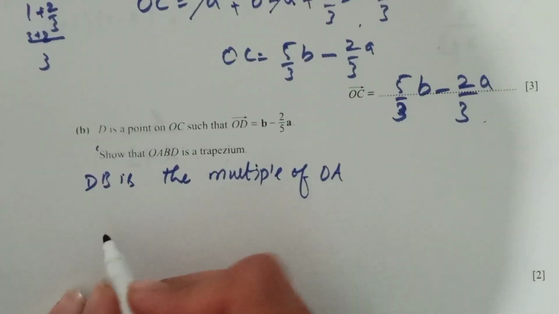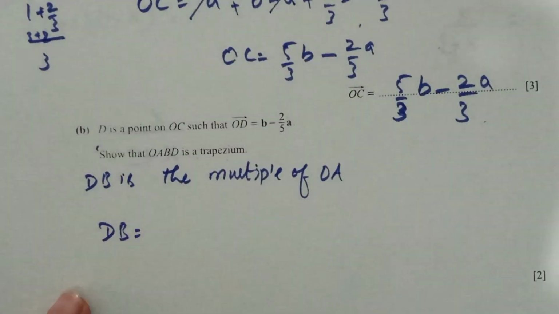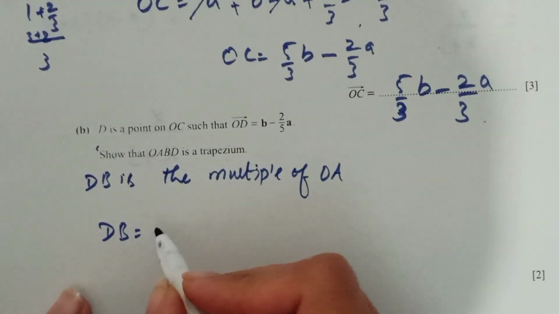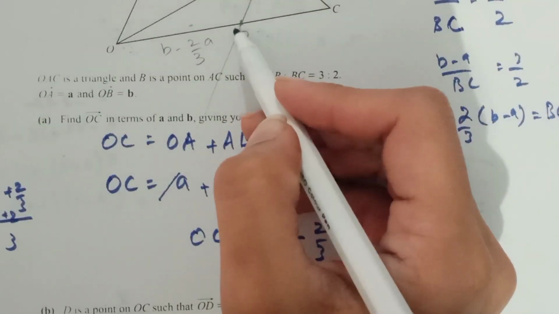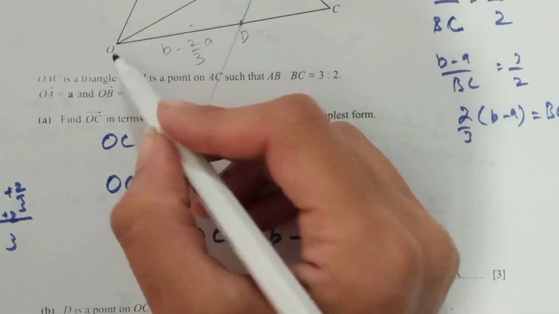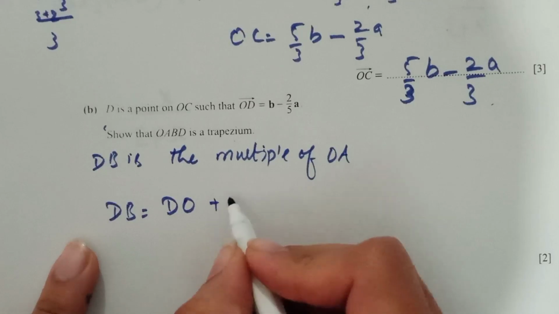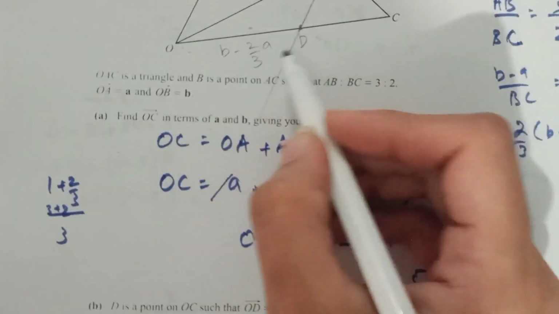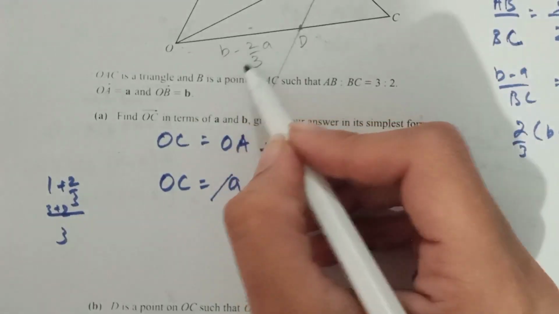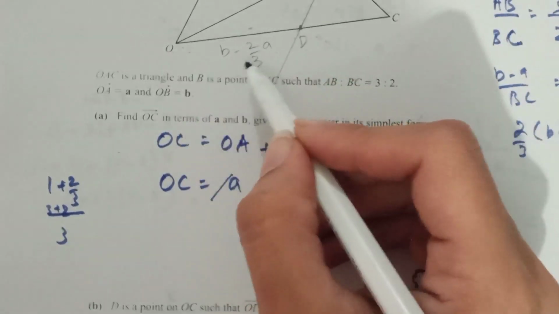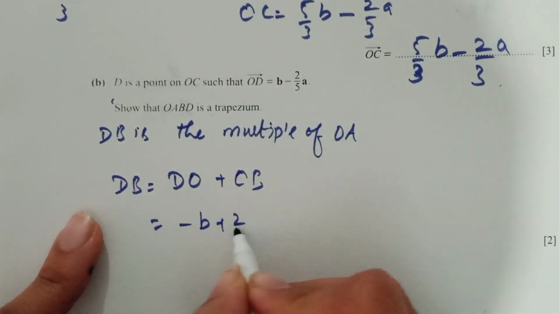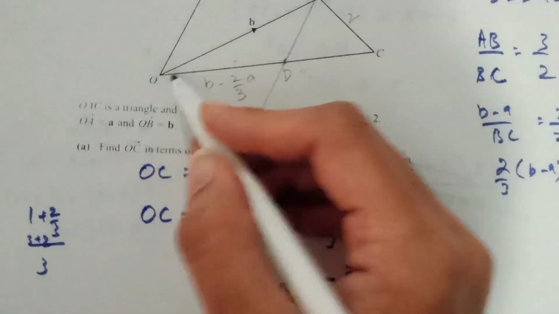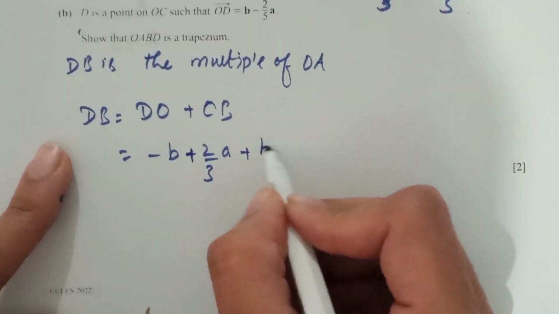We see that DB is equal to DO plus OB. OD is given to us, which is b minus 2 by 3 a, and when reversed its sign is changed, so it becomes minus b plus 2 by 3 a, and OB is b.